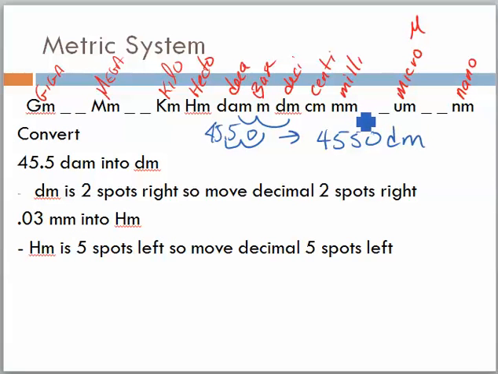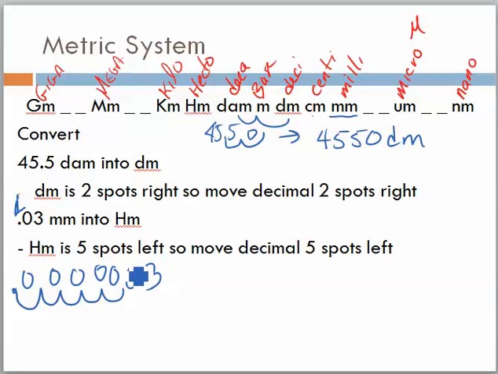Millimeters is right here. Hectometers is 1, 2, 3, 4, 5 spots to the left. So I would take this number right here, that decimal right there, and I'd move it 5 spots to the left. 1, 2, 3, 4, 5.